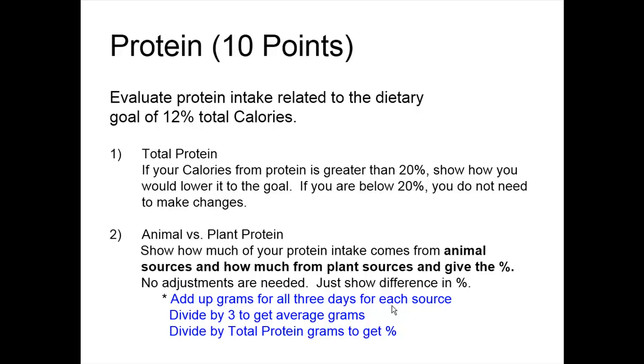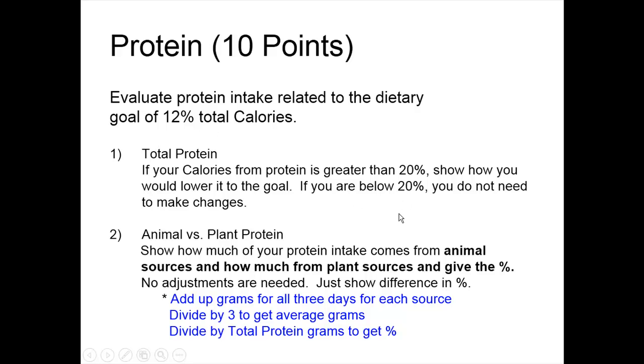Okay? Proteins. Now the lipids and carbs are the hardest for doing calculations, so once you get through those, it's kind of downhill. Our goal for protein is 12%. That's from the U.S. Senate goals. The only time I would expect you to make adjustments to your protein is if you're above 20%. If you're above 20%, I need you to get it down to 12.